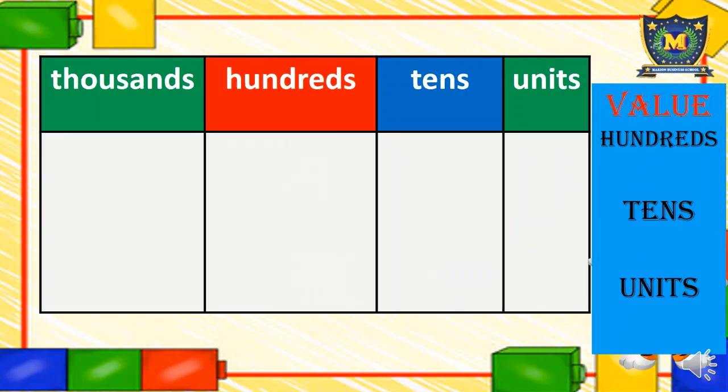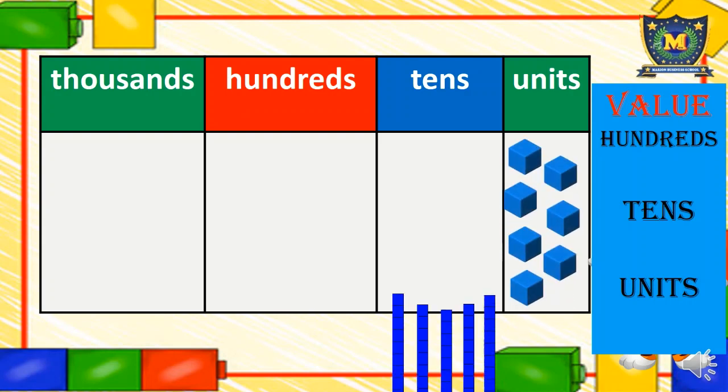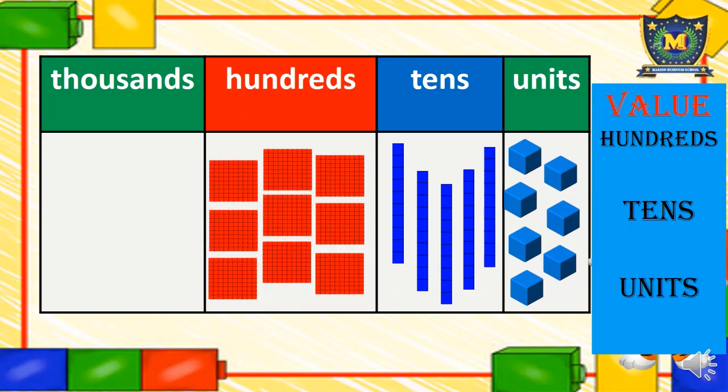Okay, this time I set up, you count and tell me the value. I repeat, I set up, you count and tell me the value. Are you ready? Okay, let's start. Set.